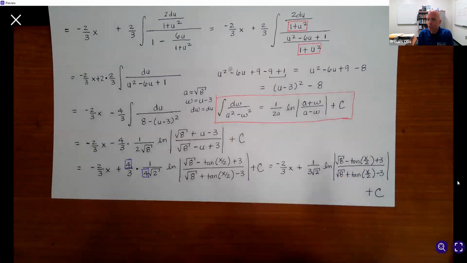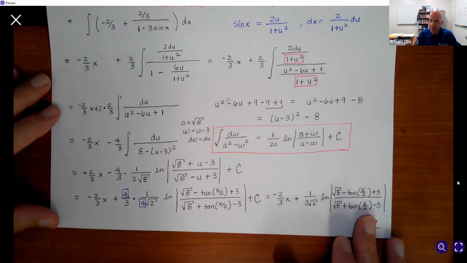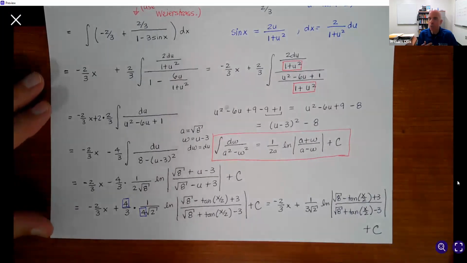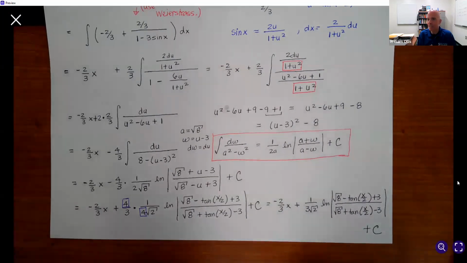Of course not. You could just rewrite it as sine x divided by 1 plus cosine x, but this is more than sufficient. Lots of times students are surprised by this. Again, we should not be surprised because we are developing this technique based upon the half angle formula for tangent.